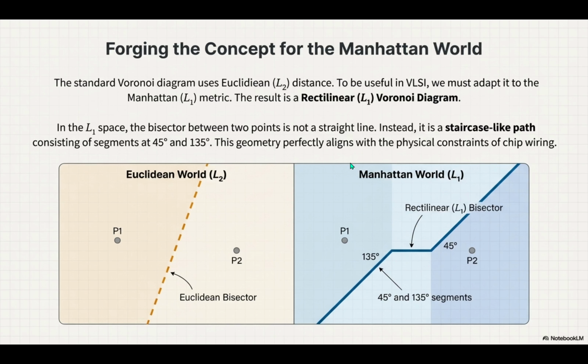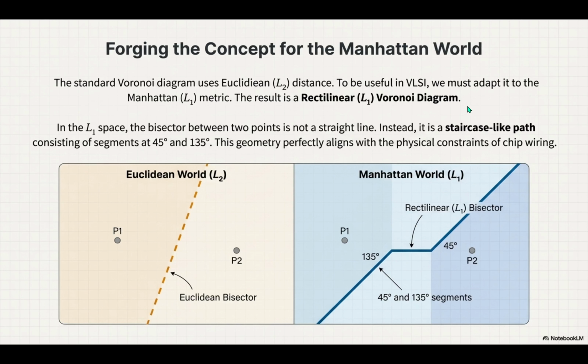And changing the metric must completely change the geometry of the map itself. The boundaries between cells in a normal Voronoi diagram are straight lines. They are, but in L1 space, the bisector, the line of points that are equidistant from two sites, is no longer a straight line at all. It becomes this complex staircase-like path. The staircase, that seems so counterintuitive.